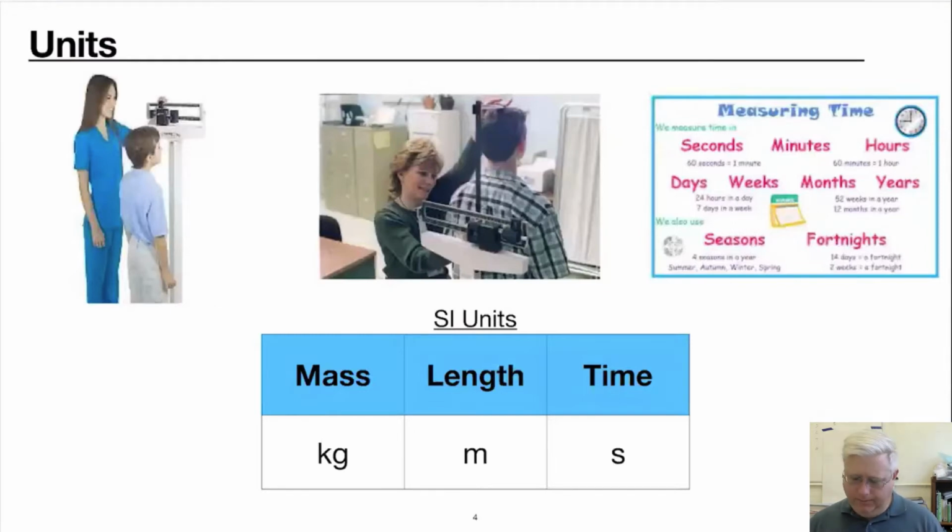And then time, we can measure time all kinds of different ways, right? We have seconds, minutes, hours, days, weeks, months, years. So there are all different kinds of ways to measure all kinds of units. When we measure length, for instance, if you're driving down the highway in the US, you usually will see miles, right?